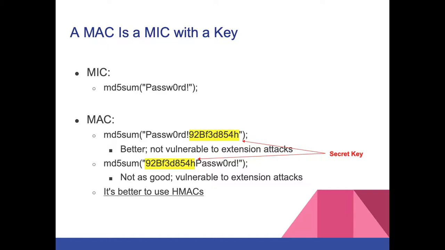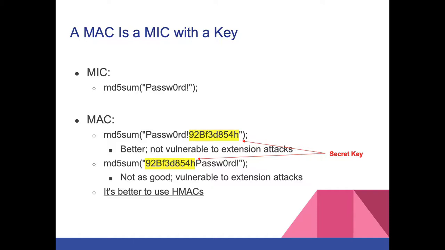We're just giving the MD5sum function some input data without a key. In the second and third examples, we're calling the MD5sum function with the same input data and a secret key either appended or prepended to it. We're literally just concatenating the input with a secret key and passing the combined string to the MD5 function. So basically, we're using a MIC algorithm as a MAC.